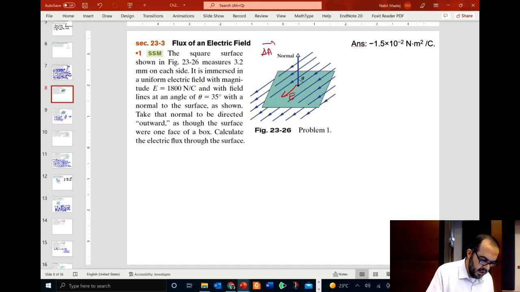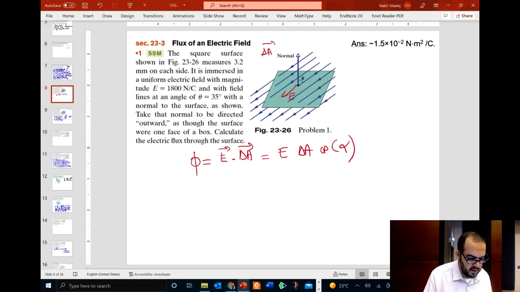And we have the flux. In this case, we can use the definition of the flux. It's E dotted with the area vector, delta A. The dot product means we can use E times delta A times cosine of the angle between them, cosine alpha, I will call it alpha.